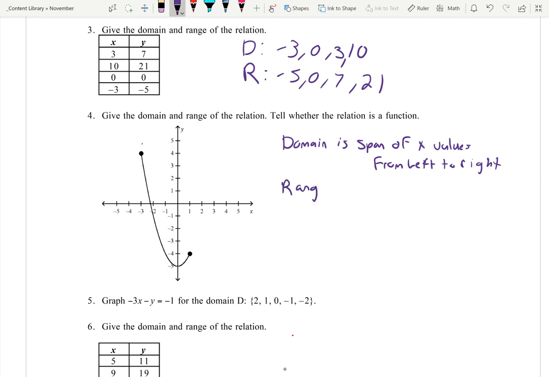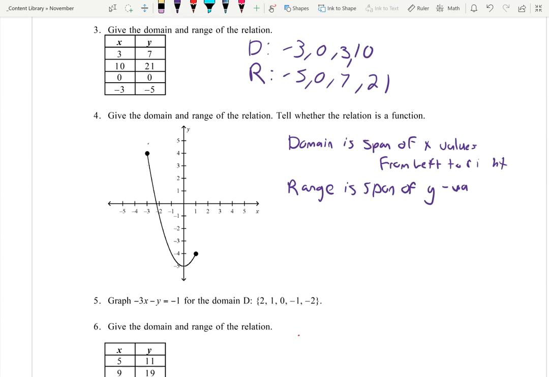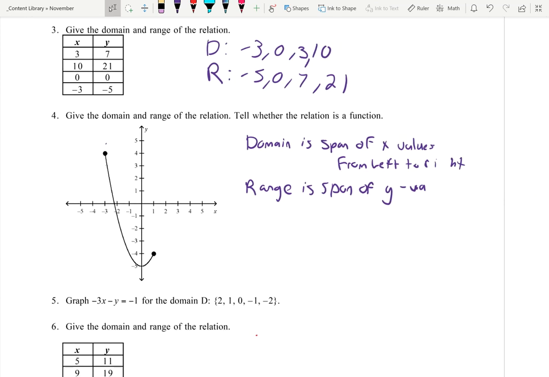Whereas the range is the span of y values, and this is from bottom to top. Every time I get to the edge, my finger slips a little bit.